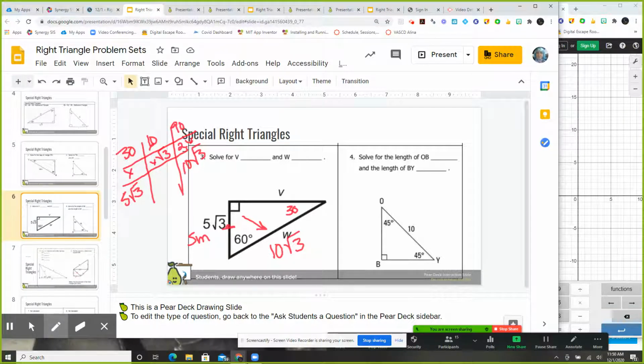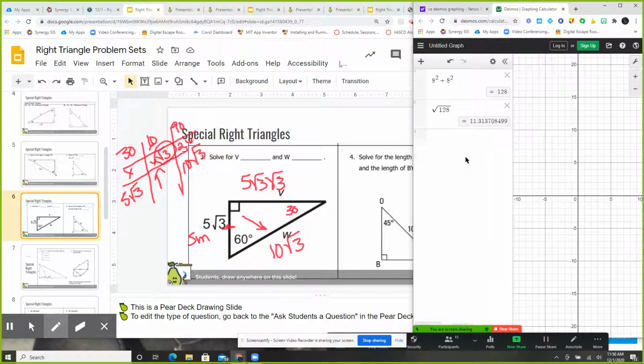And then for the last one, we just substitute. So we know what x is. That's 5 on the square root of 3. So this is going to be 5 square root of 3 times another square root of 3. We need this square root of 3 in there too. So put that in the calculator.